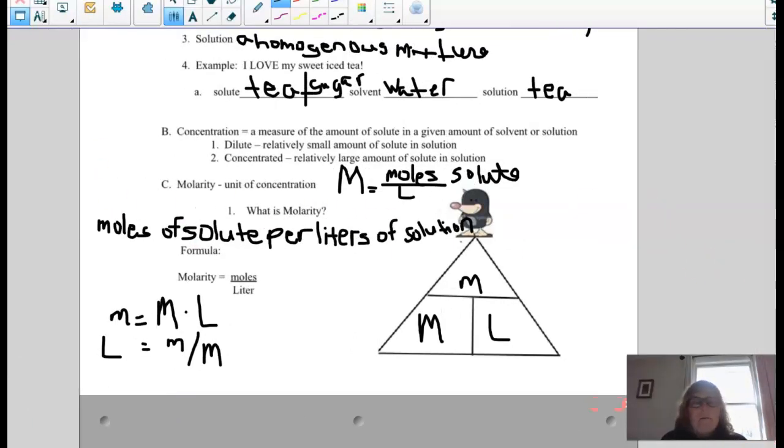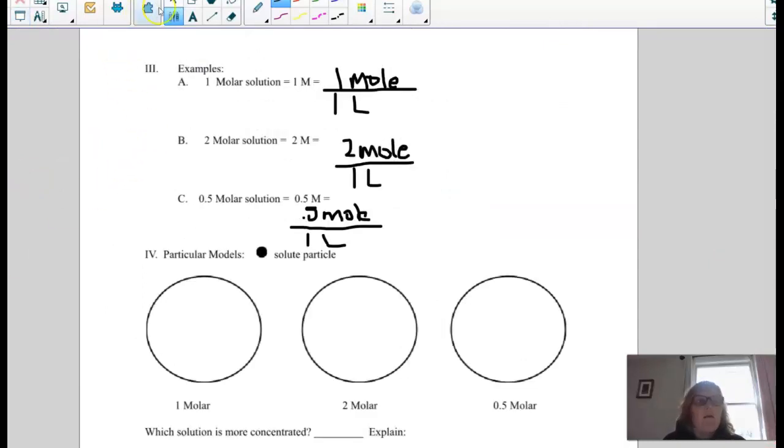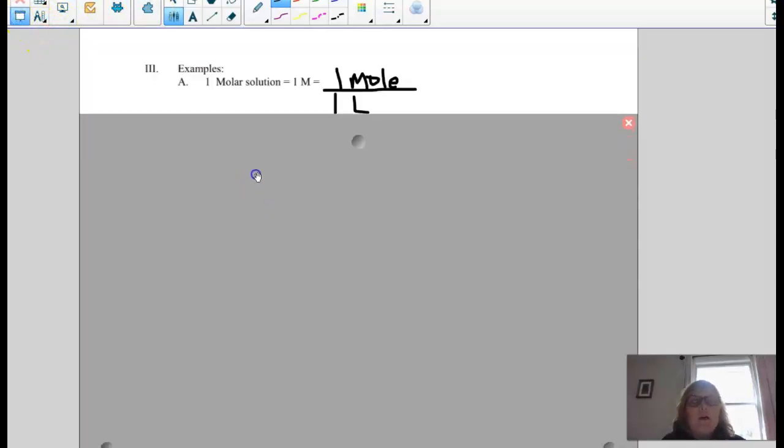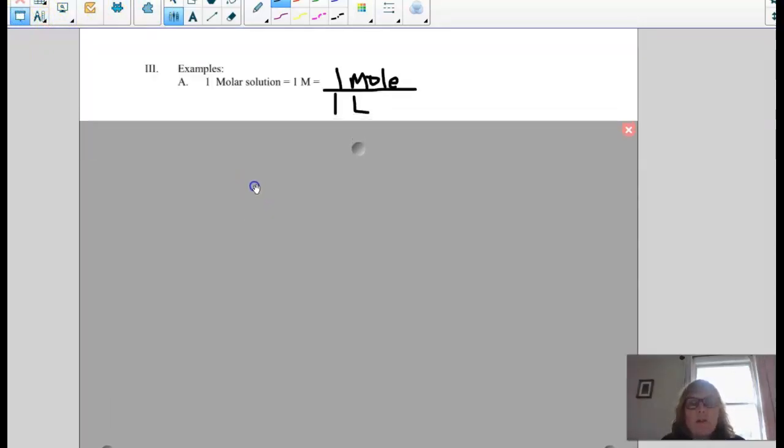I'm going to move to the next slide and we're going to talk about what that actually means. If I have a 1 molar solution, it means I have 1 mole of solute per 1 liter of solution.